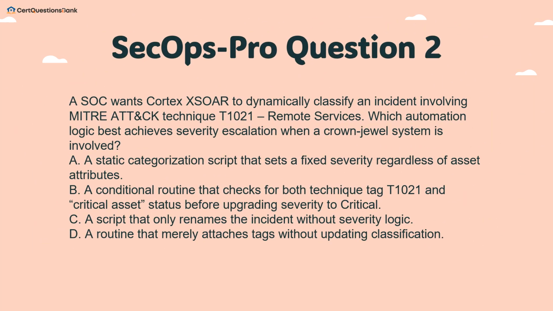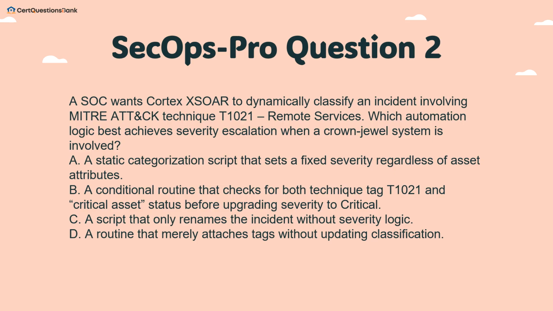A SOC wants Cortex XSIAM to dynamically classify an incident involving MITRE ATT&CK Technique T1021, Remote Services. Which automation logic best achieves severity escalation when a crown jewel system is involved? A. A static categorization script that sets a fixed severity regardless of asset attributes.